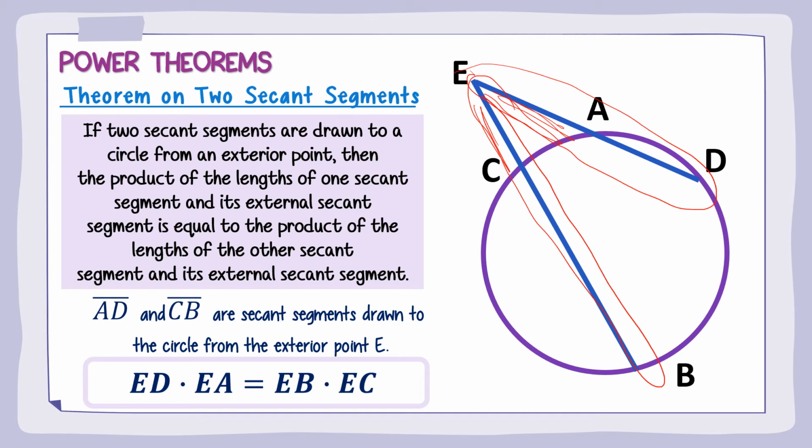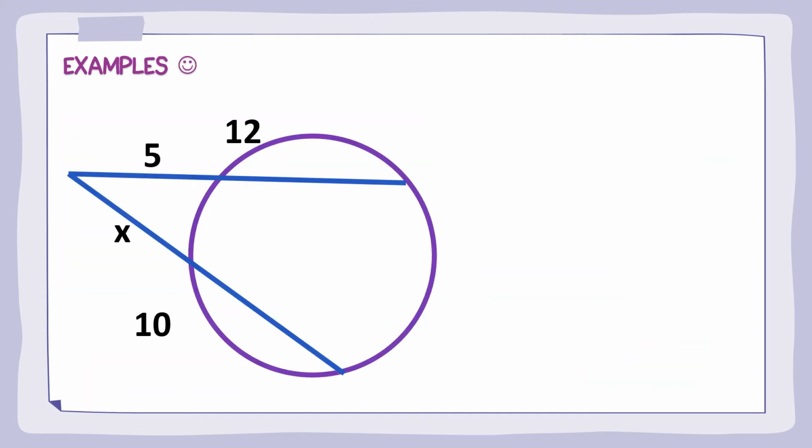Okay, let us have an example. Again, let us find the measurement of the unknown. Ito, yung nawawala. So, according to the theorem, sabi ko sa inyo, ang tatandaan nyo, isang buo times nasa labas. So, this one, it measures 12 times nasa labas is equal to isang buo, which is 10, times nasa labas.